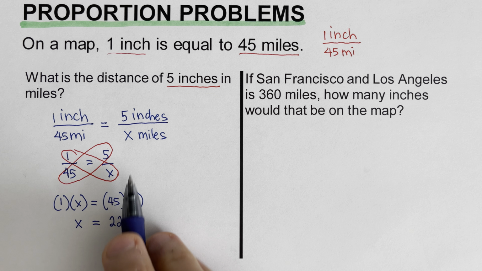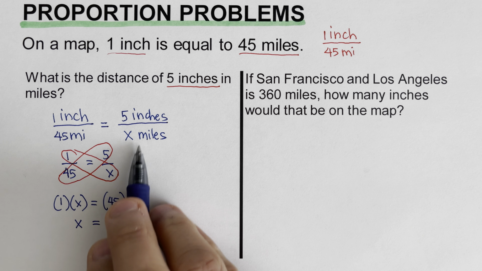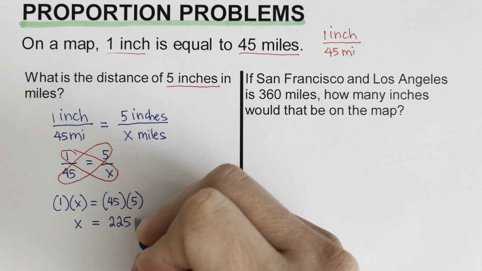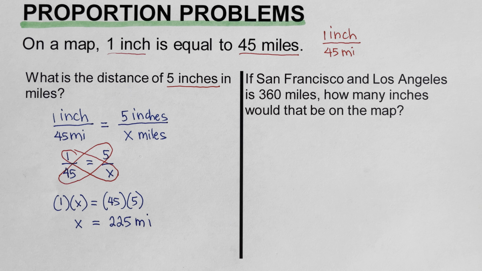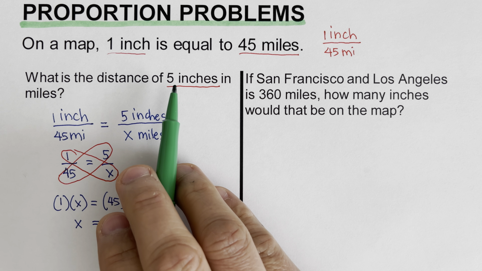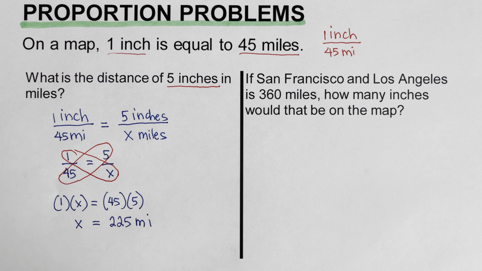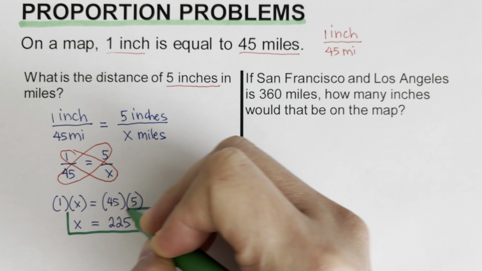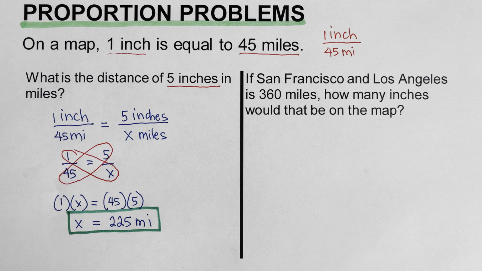Since we solved for x miles, the units would be miles. So the distance that 5 inches on the map represents is 225 miles. This is the answer for this first problem.